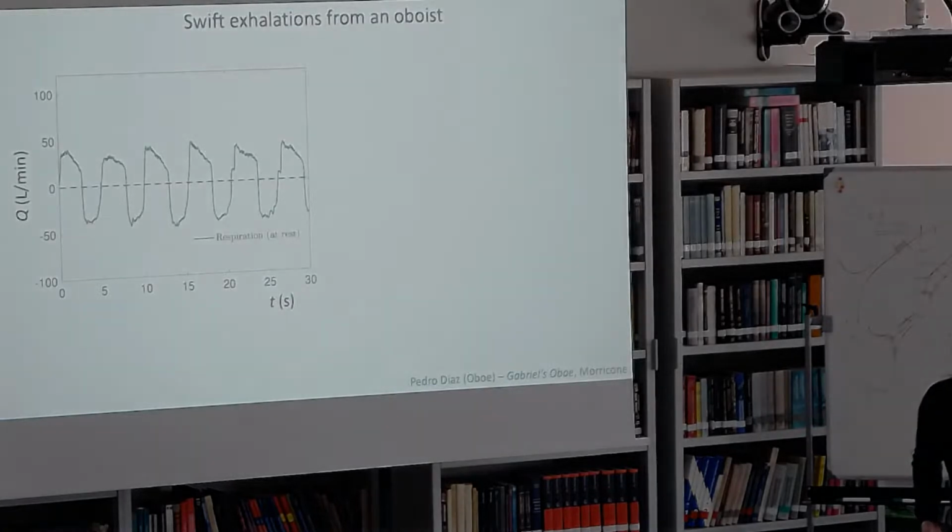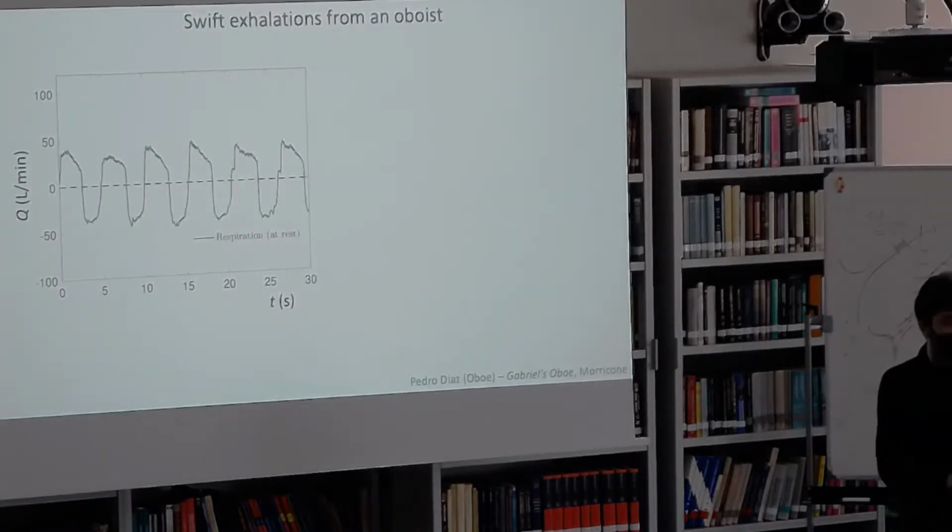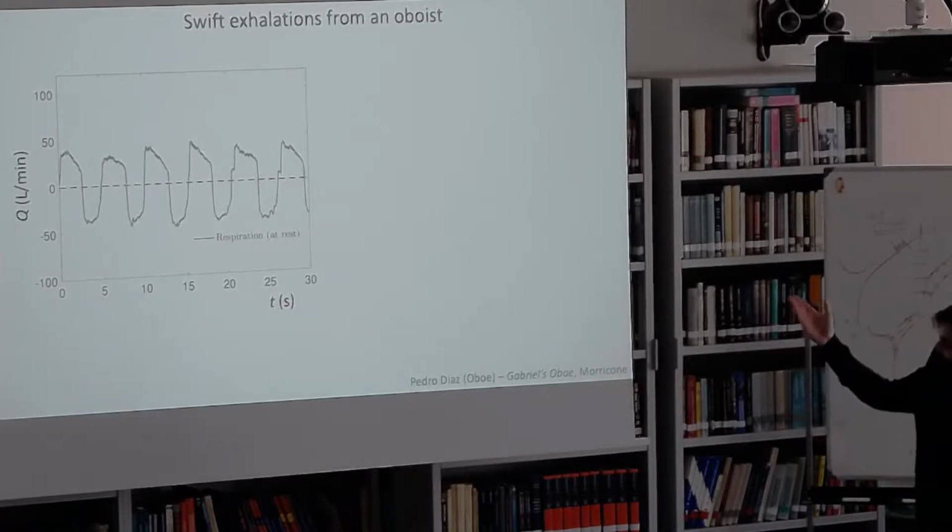The other exception that we found was the oboe, where when you are playing an oboe, you are actually playing at a very low value of the flow rate. You don't need to inject a lot of air. And so an oboist is breathing like a singer, I mean, like everyone else.